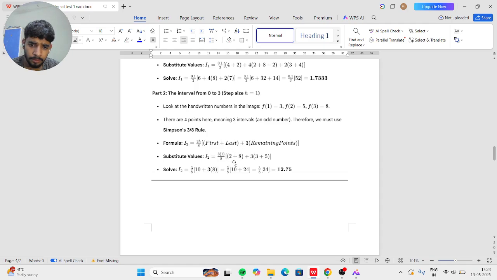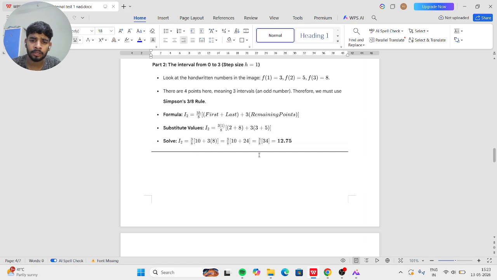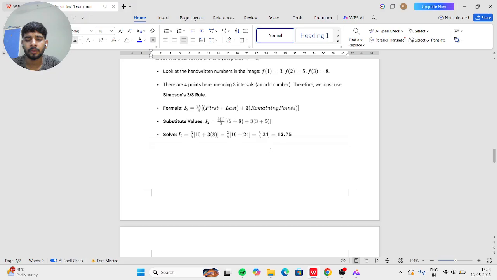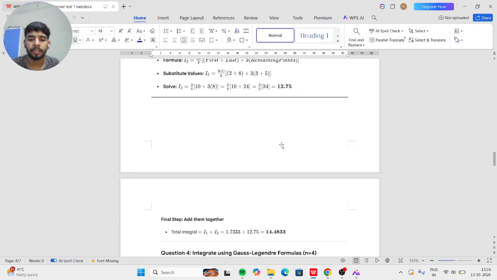So we do the same here: 3 multiplied by h divided by 8, and first is 2 and last is 8 for the I2 group, and the remaining points we add, so 3 into 3 plus 5. Solving this equation, we get the I2 value, which is 12.75.